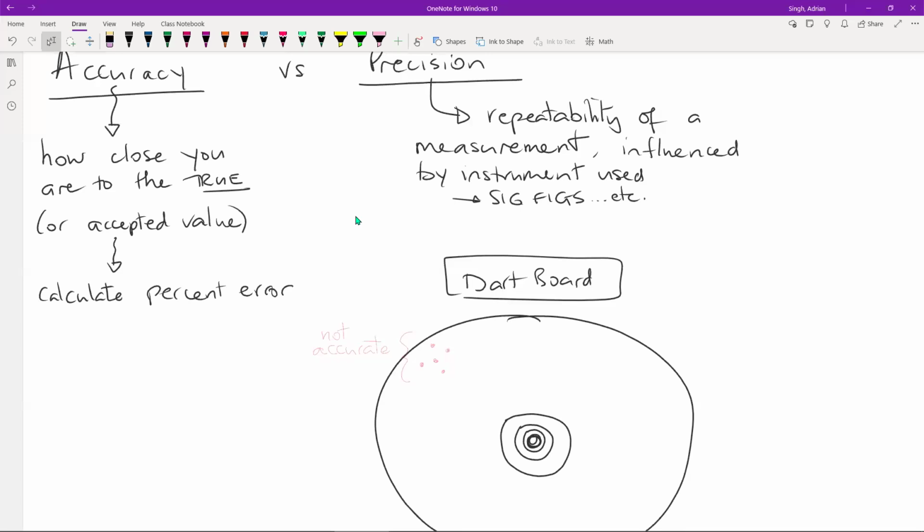However, these five darts that you threw are fairly close to each other. So we can say that these are precise, because every time you throw the dart, they end up at roughly the same place. So maybe your aiming is off, but it's consistently off. It's precise, meaning you're repeating the same thing over and over again, but you're not close to the true value.